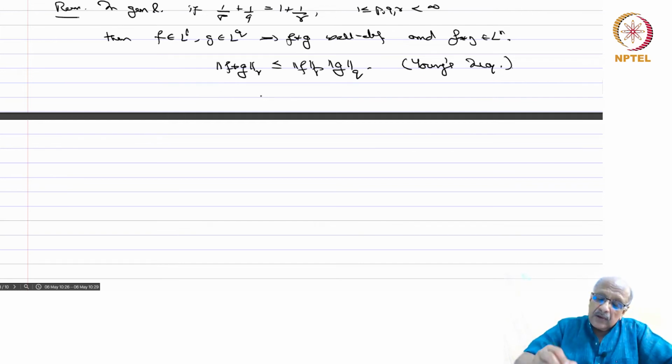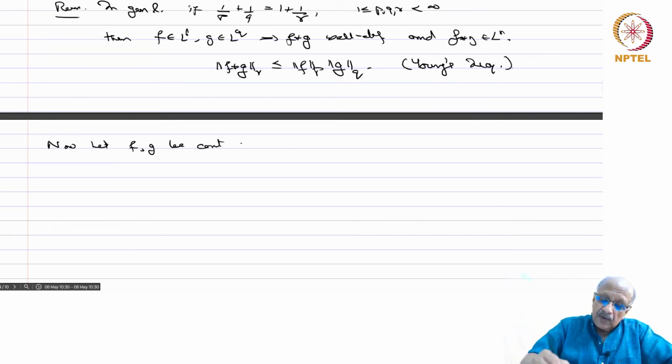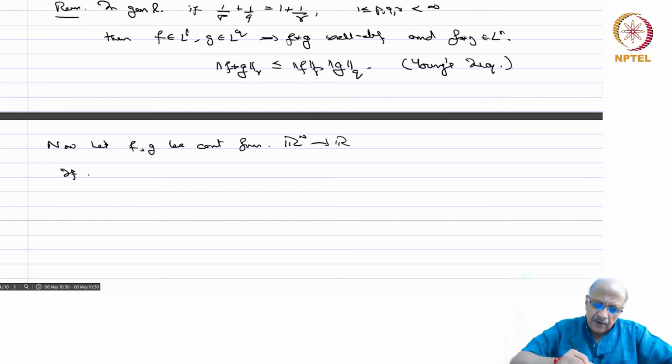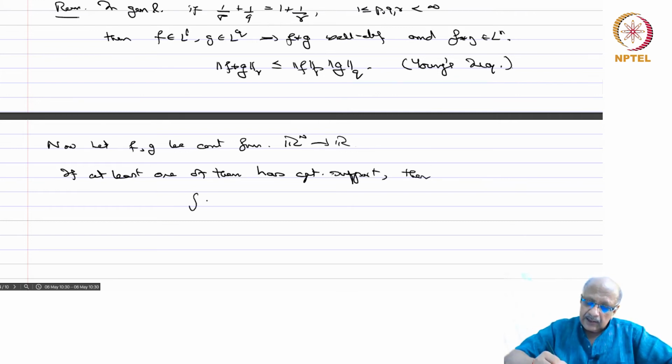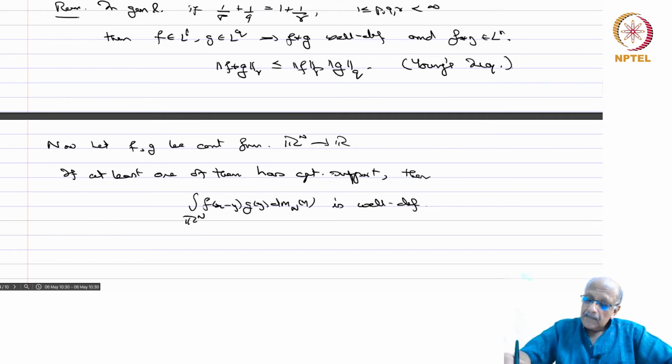So these are the convolutions with Lp functions. Now let f, g be continuous functions from Rn to R. If at least one of them has compact support, then the integral of f(x minus y) g(y) dmu(y) over Rn is well defined, because you have to integrate.